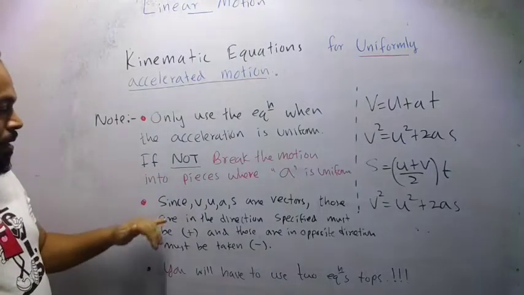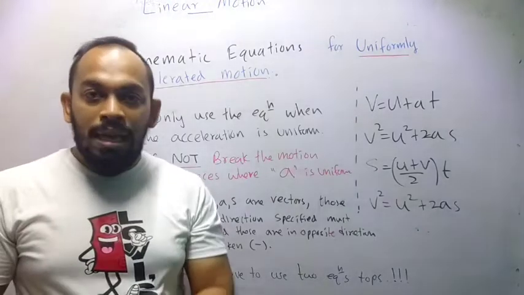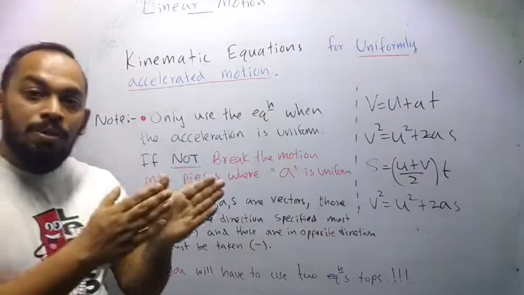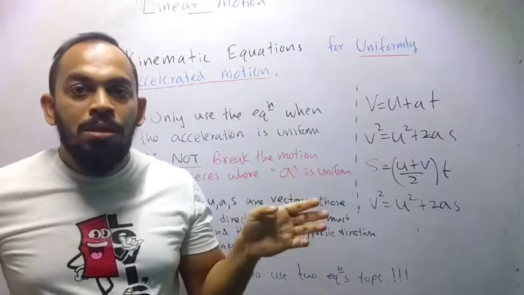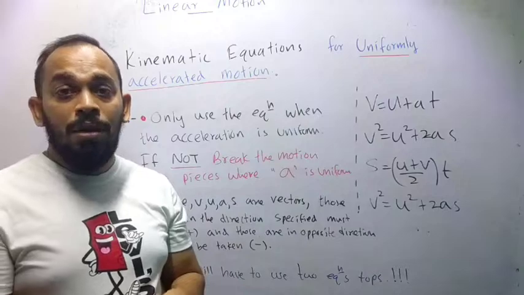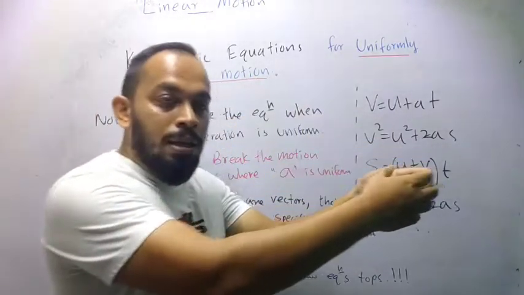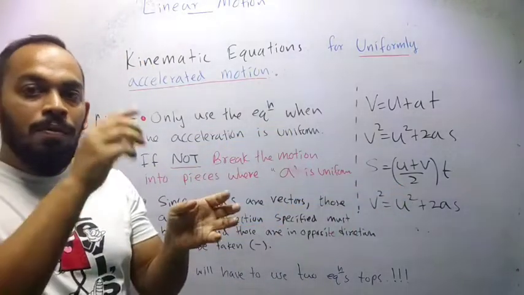Okay. Second one is, since V, U, A and S are vectors, except for time, the other quantities are vectors, so we have to take direction into account. You know from physics, when we use equations, we specify a certain direction. If the particle is moving from A to B, then we do the equations in this direction.